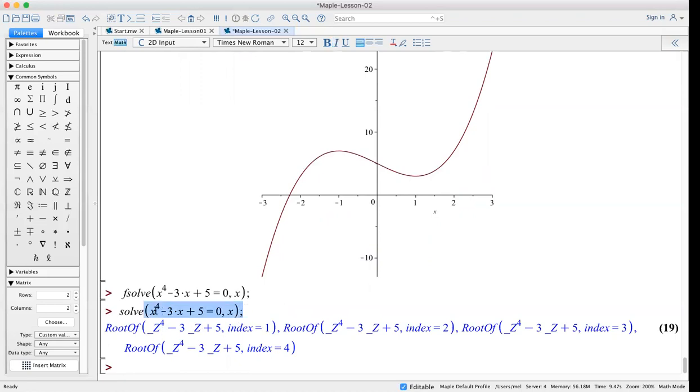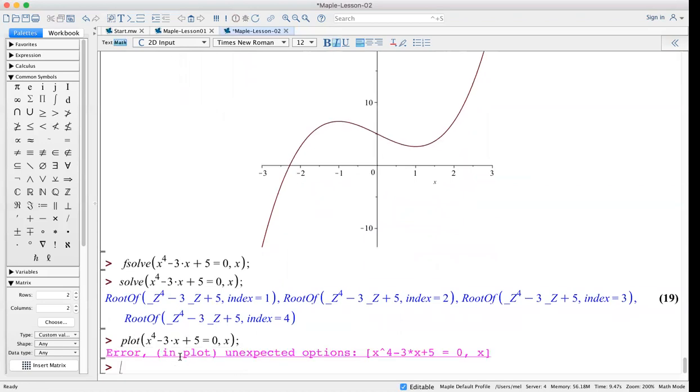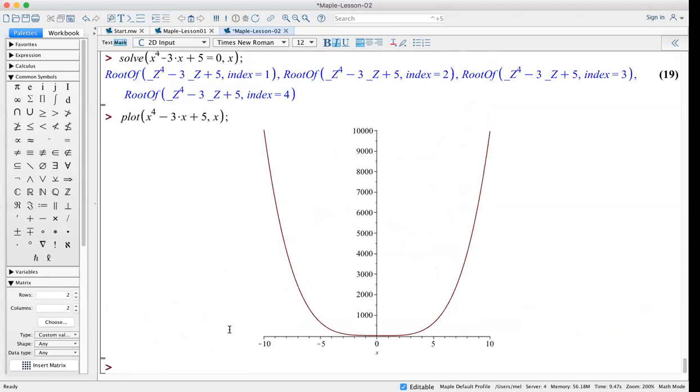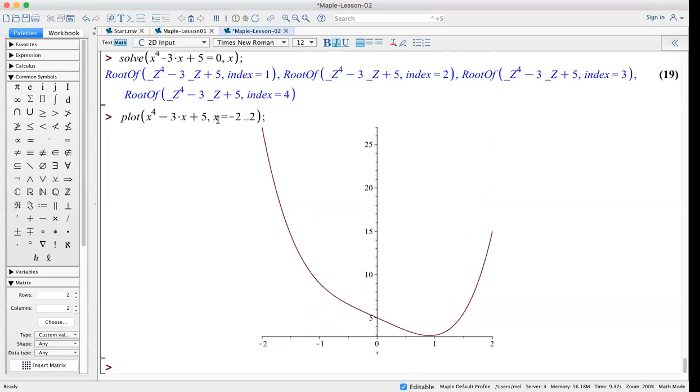And let's just take a look at the graph of this. Let's plot this fourth degree polynomial. Get rid of that. Huh. It looks like it doesn't come close to the x-axis. It doesn't cross the x-axis. Let's blow this up a little bit. Let's graph this from maybe -2 to 2.